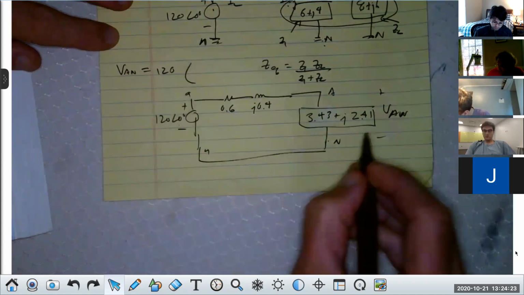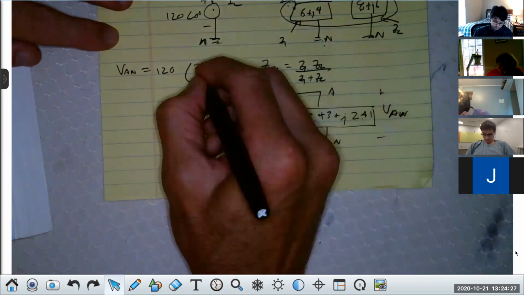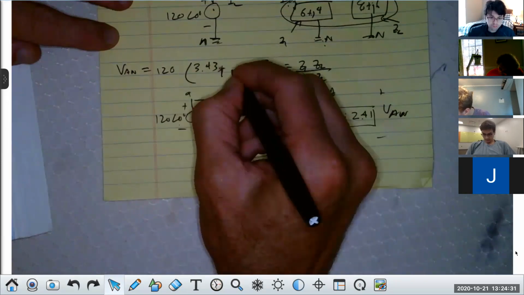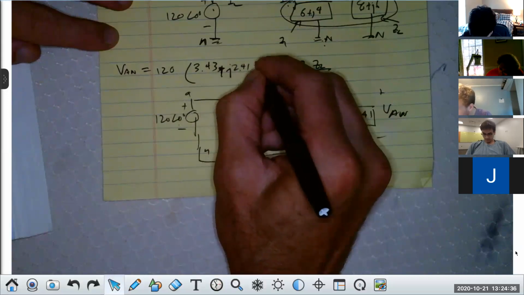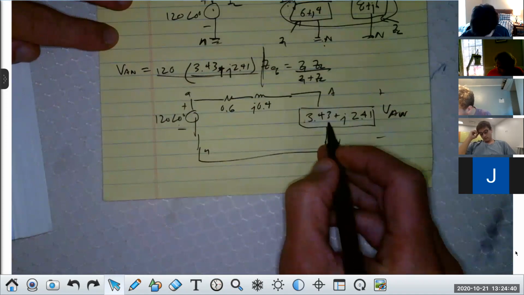And it's times the load we want the voltage across, which is this 3.43 plus J 2.41. And then it's divided by the sum of these two, which would be what?